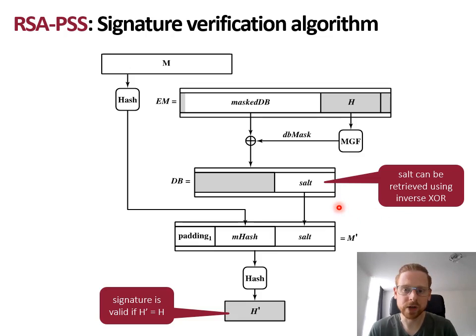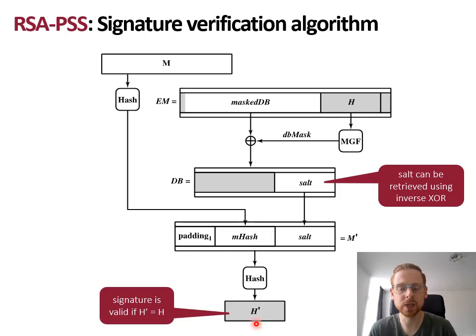So then how do we verify if the hash of M equals the value H that was part of the signature? Well, we take the hash value of our message, which is M hash, in our M dash. We also add the salt and the original padding, and then take the hash value of this full message M dash.